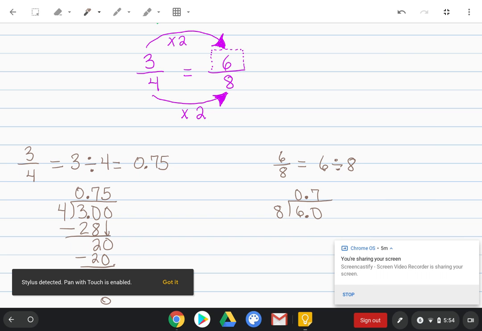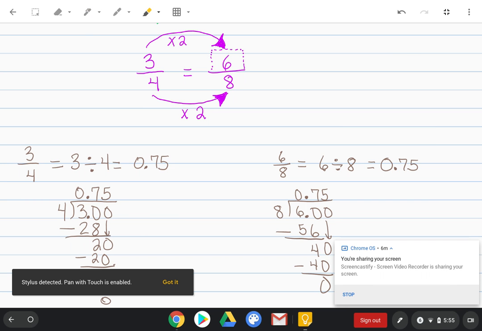And 7 times 8 is 56. I'm going to subtract out. 60 minus 56 is 4. I need to add or annex another 0, bring it straight down. 8 can go into 40 5 times. 5 times 8 is 40. Subtract out, and I'm at 0. So we've pretty well figured out that 6/8 is equal to 6 divided by 8, which is the same thing as the decimal 0.75.